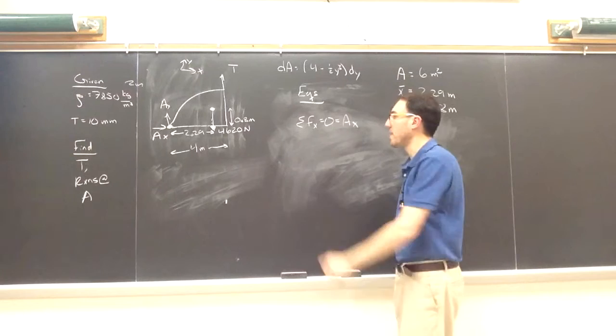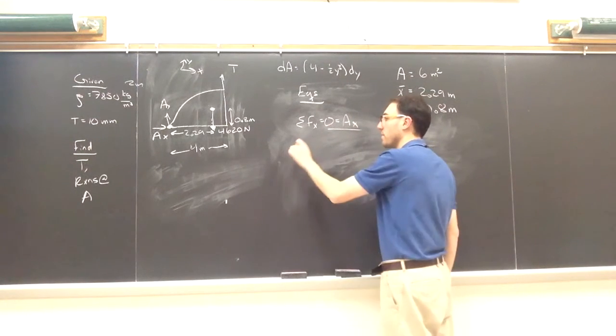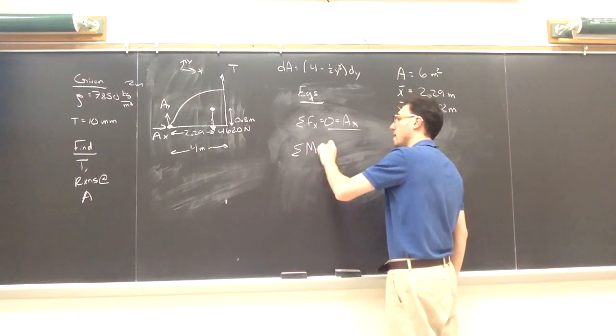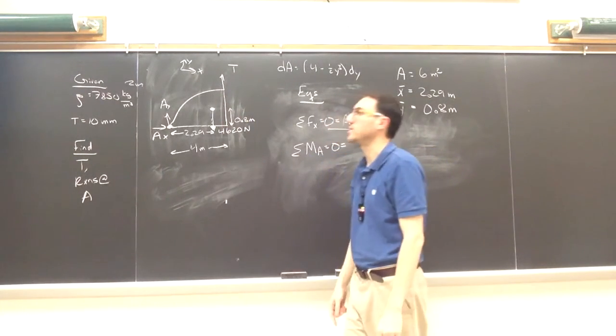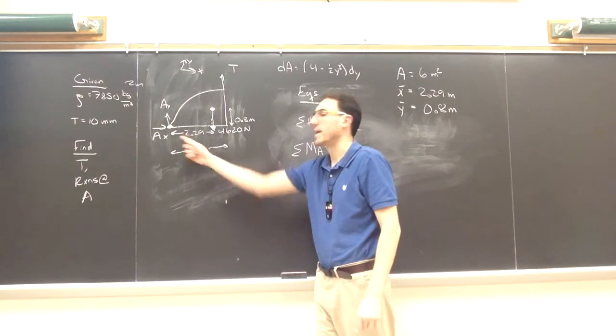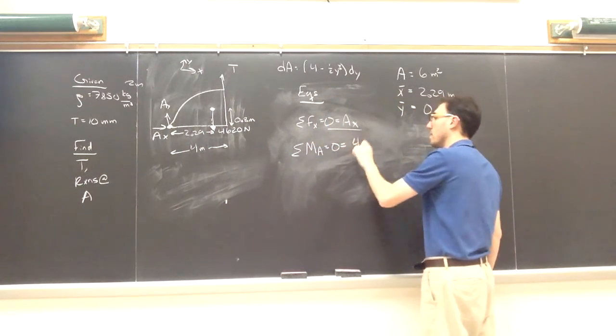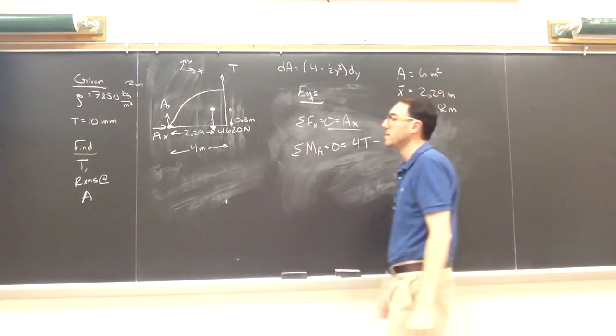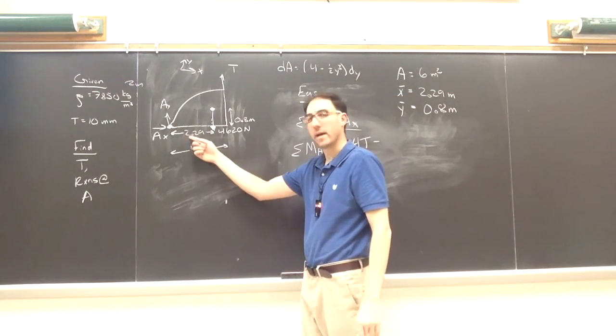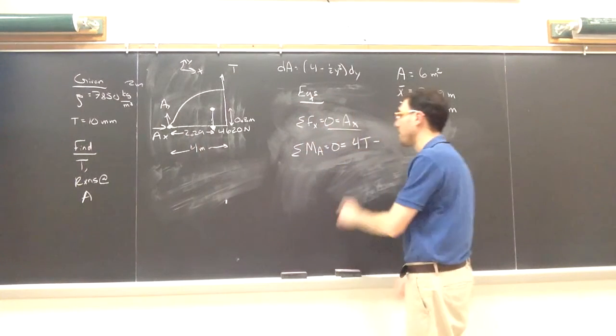The only thing in the x direction is AX. That will be 0. If I take the sum of moments around A, I will have the tension that's located 4 meters perpendicular from A, and that's causing a positive moment, minus the weight, and I know how far that is from A because I know where the centroid of my shape is.